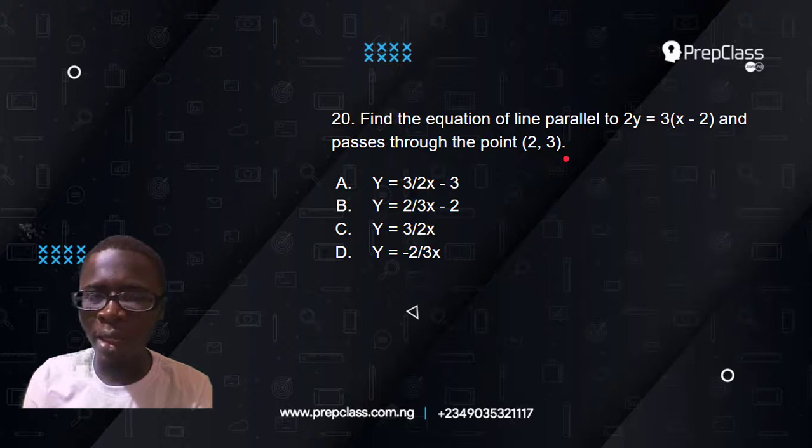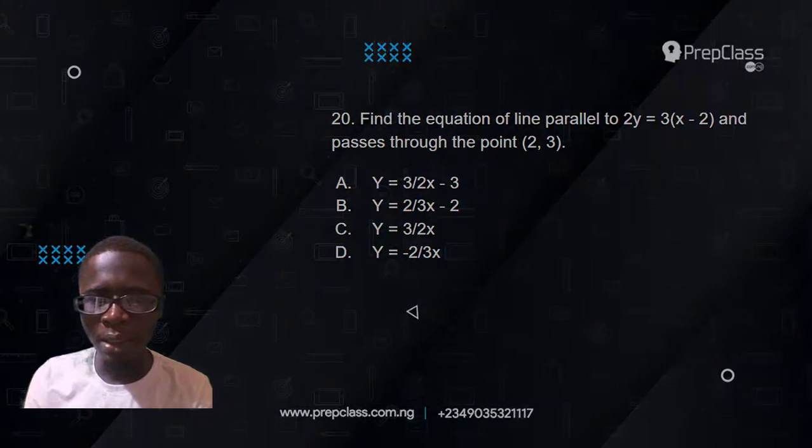So we need to find another line that will actually be parallel to this. And you know, lines are defined by their equations. Just like humans have names, lines also have names, and their names happen to be in the particular equations obtained. So let's look at this in the next slide.